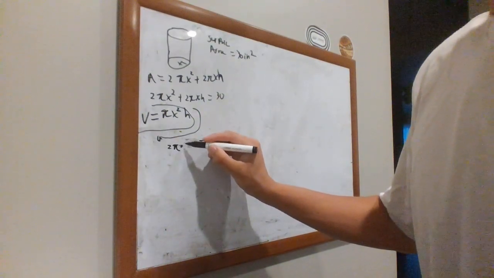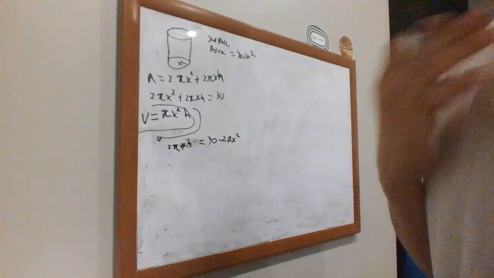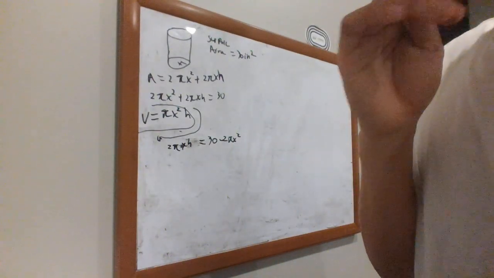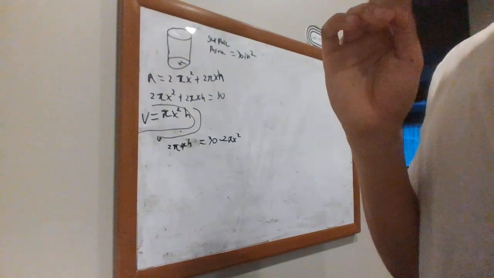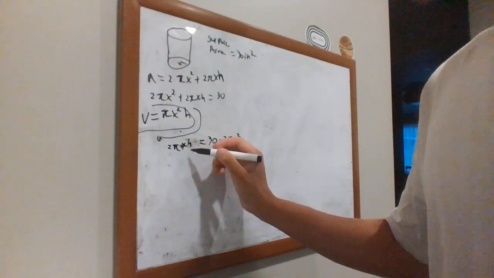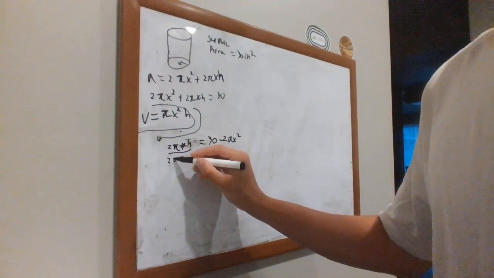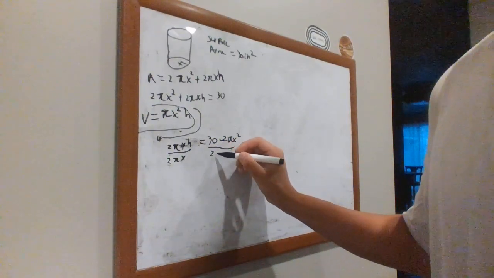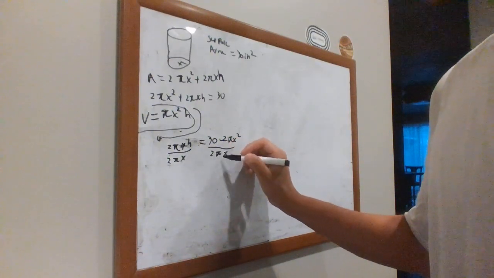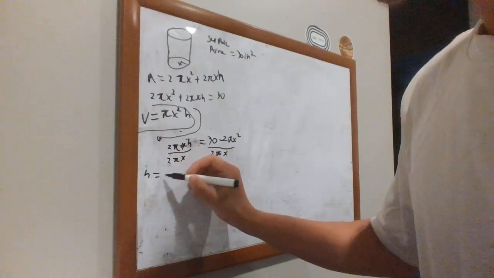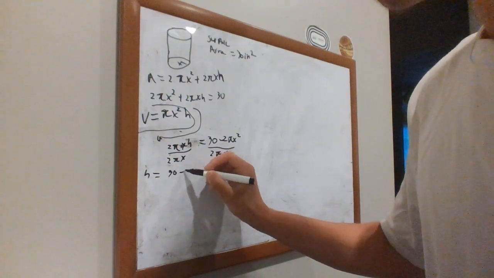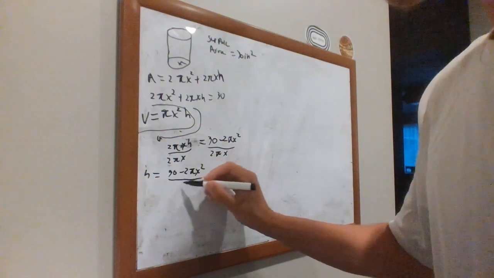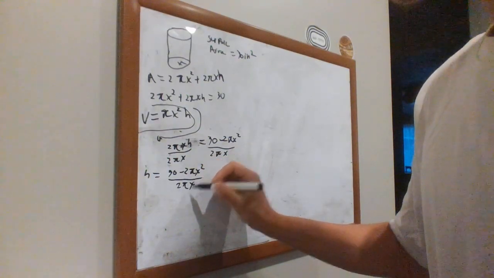Because we've got to get h by itself, then we divide by 2 pi x. So we have h by itself. That comes out as 30 minus 2 pi x squared, divided by 2 pi x.